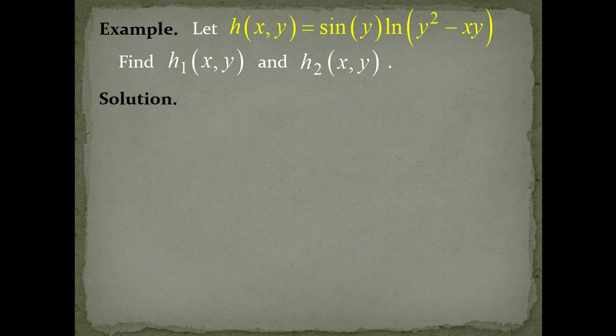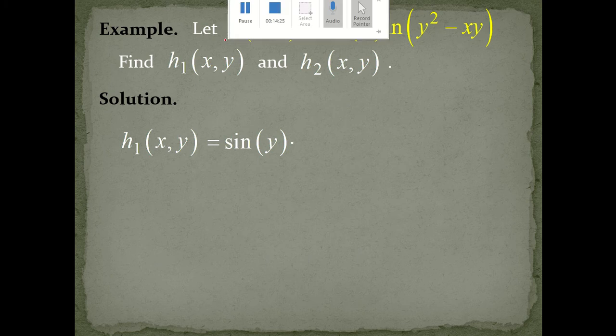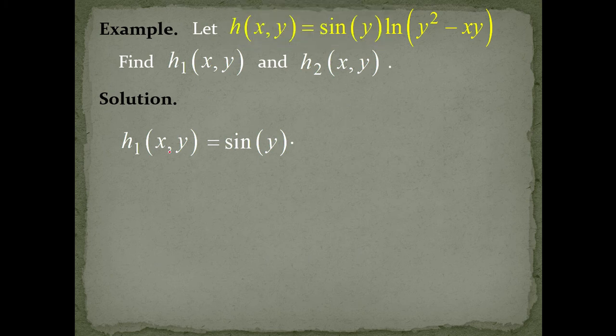Alright, for our solution, for the first problem, if you look at the given, class, this looks like a product, right? We have two factors here, the sine of y and the ln of the quantity y squared minus xy. But since we're differentiating partially with respect to x, we can treat y as a constant.